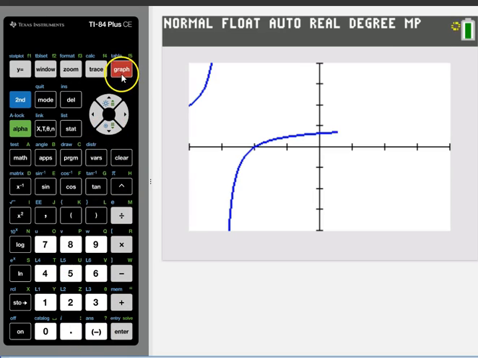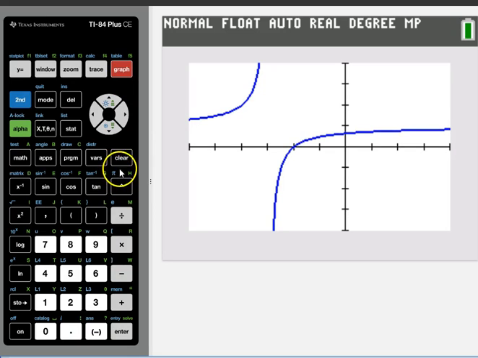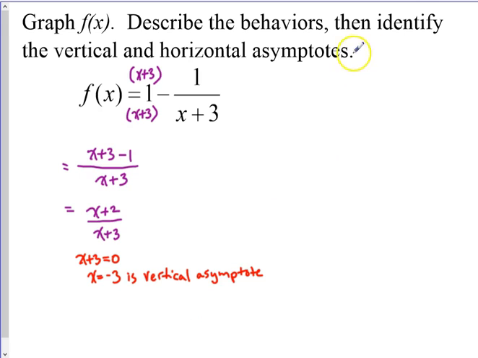Now when we hit graph, we're going to be a little closer in on that function. Okay. I think actually I'd like to see it out a little bit more there. I'm going to go x min of -6. All right, that's nicer. Okay, so let's make a graph of that on our paper. So we'll set up an axis.